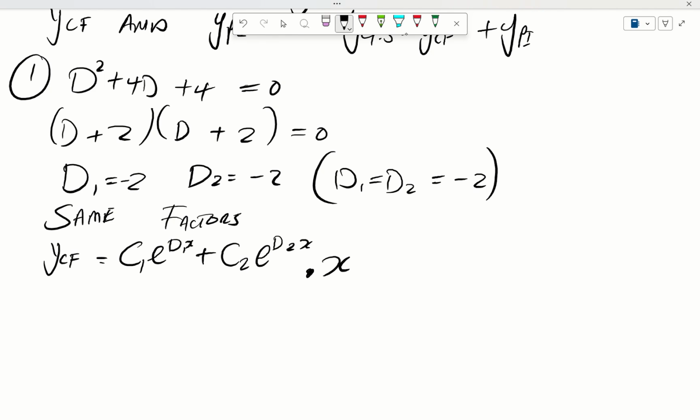You only do this if the factors are the same. This is the only time you multiply by x. So our final answer will be YCF equals C1 e^(-2x) plus C2 x e^(-2x). That's how you do your complementary function.